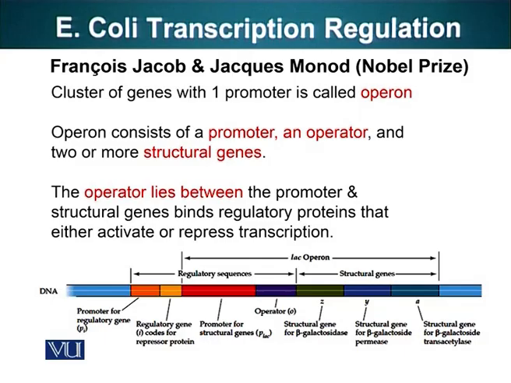An operon is the regulatory sequences plus the structural genes. So this is our lac operon. So this is the anatomy of the operon. We are going to study how this functions.